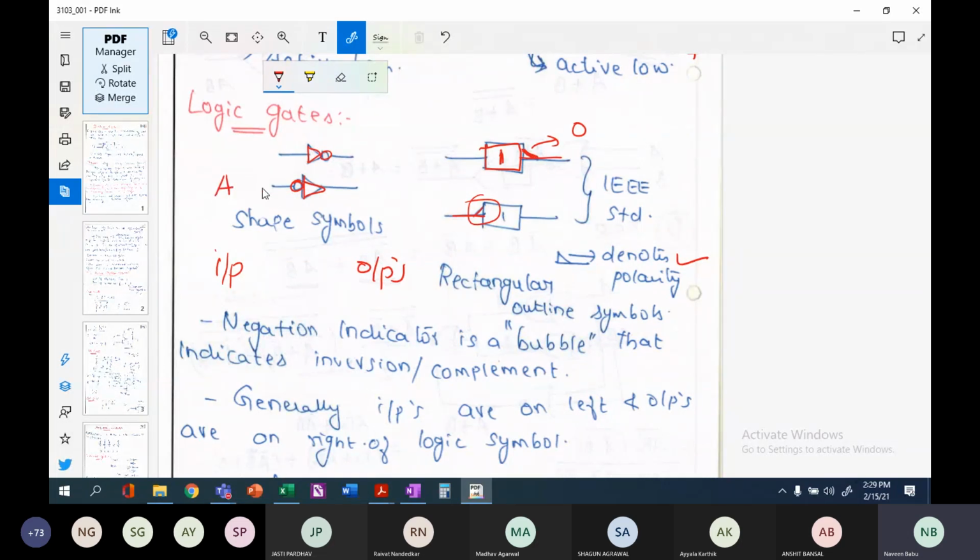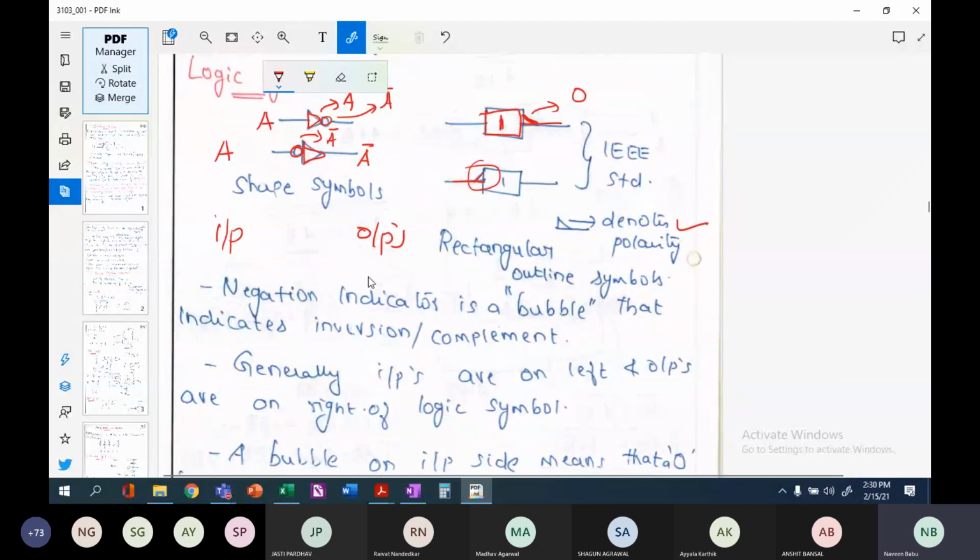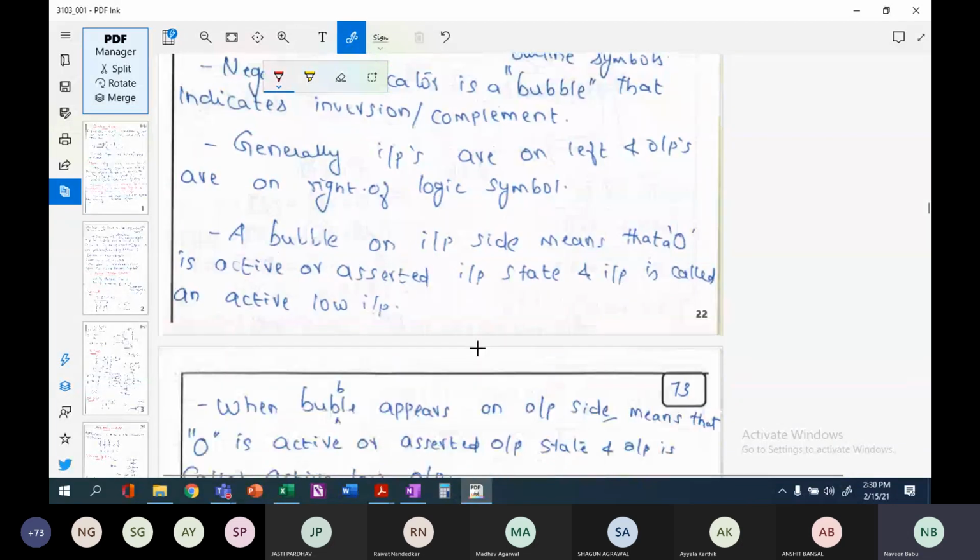If you are giving A, then at this particular point your input is going to be A bar, and the output will become A bar here. Whereas here, the input is A, and at this particular point it is still A; only after the bubble will it be A bar. So the bubble is very important here.